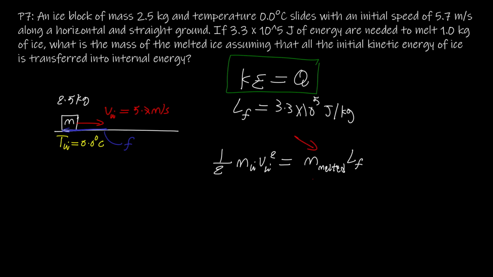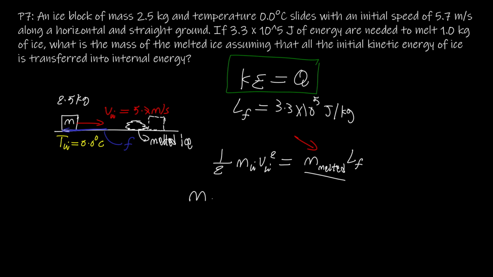We want to find how much residue there is, because notice that after some time there will be a residue of melted ice, and the ice will perhaps come to here. This is the block of ice. After some time, it will leave an amount of melted ice, a leftover of melted ice. So we solve for the melted mass.